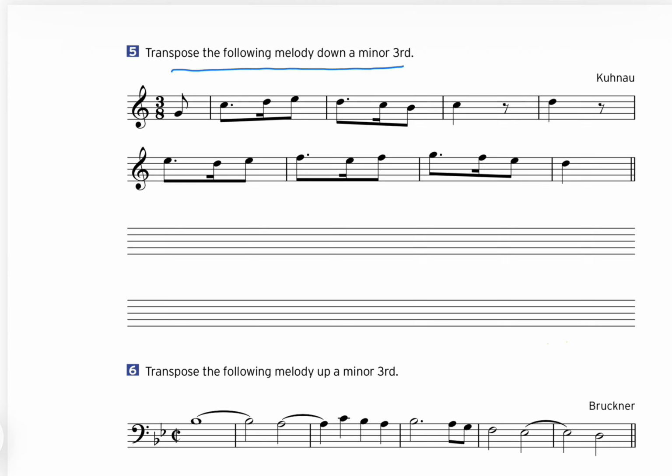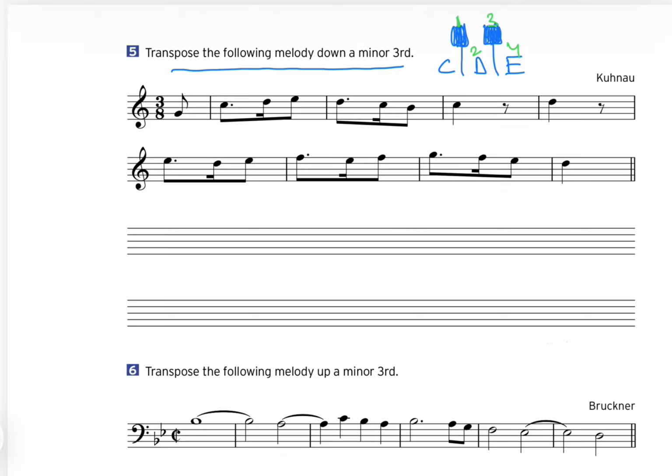Before we start anything, let's find out the interval distance between the minor and major third. If we need the major, that means from C: this is first, second, third, fourth.